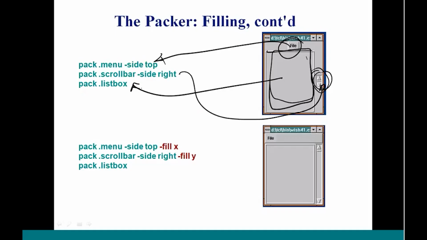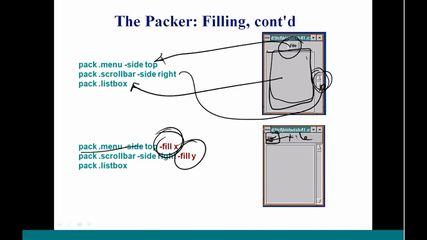Oftentimes this actually looks very ugly and not really pleasing. So in order to make those kinds of changes, we use fill X and fill Y. So here we say menu side top fill X. Originally the file was here, but since we say fill X, it moves to the front of the line.